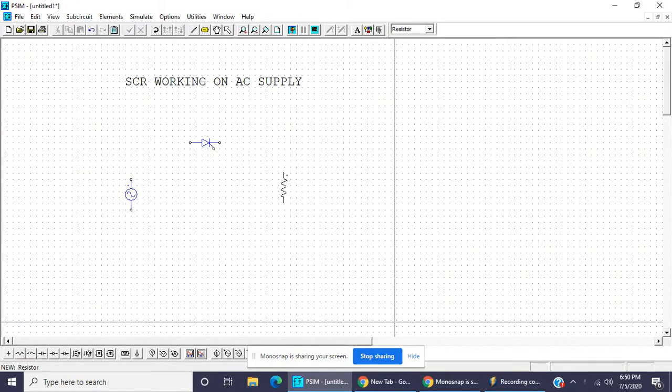Load resistor RL, voltmeter, ammeter. Now join all the components.